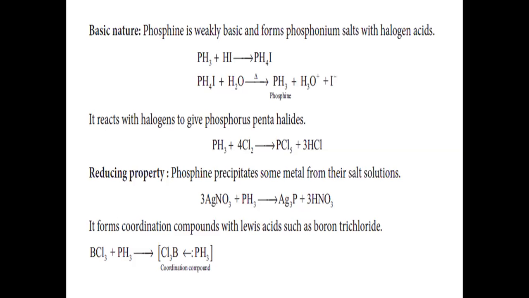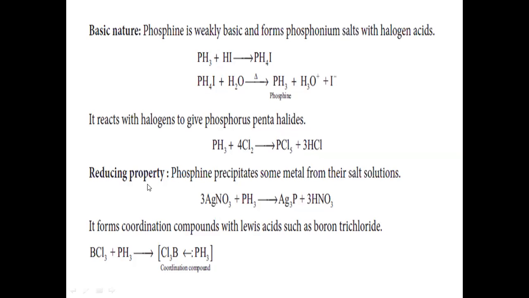This PH4I dissolved in water gives phosphine plus hydronium ion and iodide ion. It reacts with the halogen to give the phosphorus pentahalide. Phosphine reacts with chlorine to give phosphorus pentachloride or phosphorus trichloride.